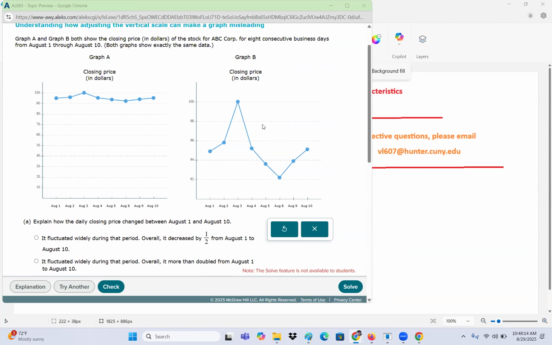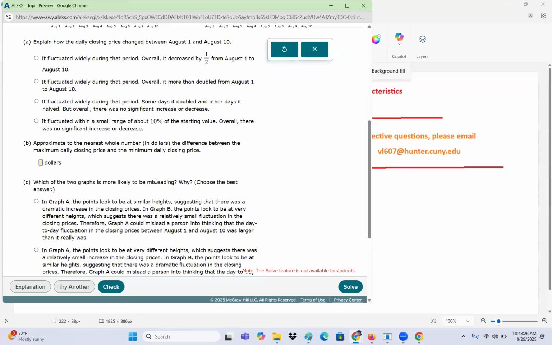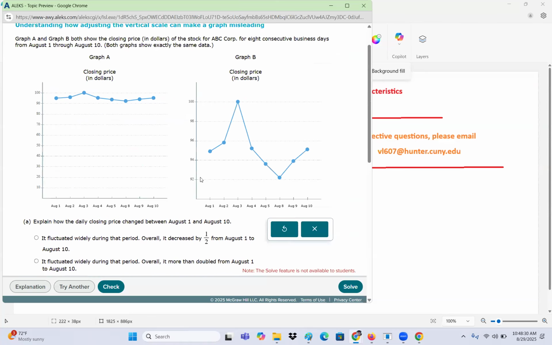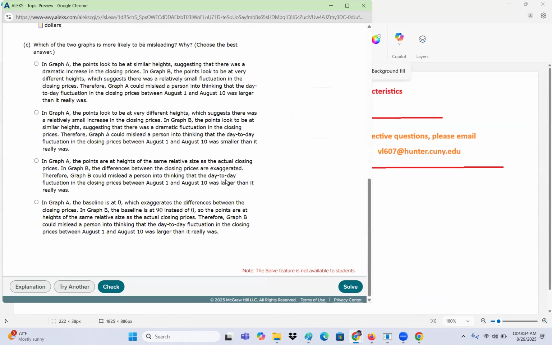So this is the highest, this is the lowest. So you can literally check, it's $8, right? And whichever graph is more likely to be misleading has to be graph B. Or is it graph A?